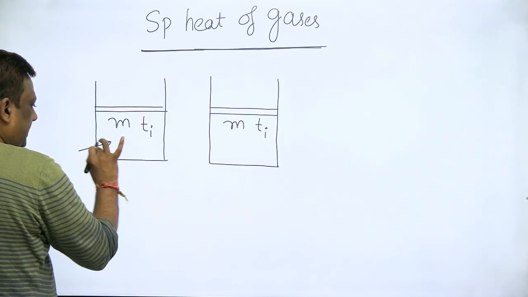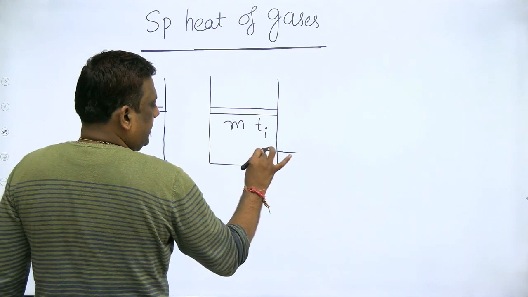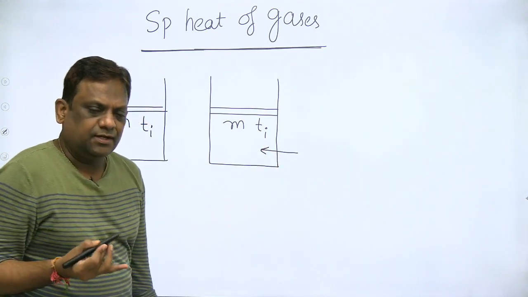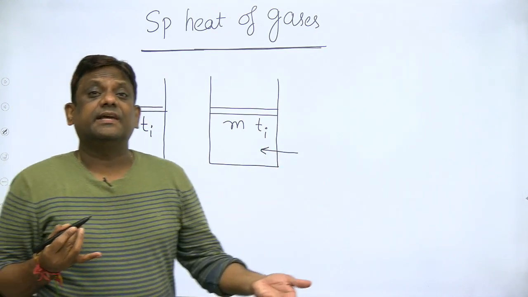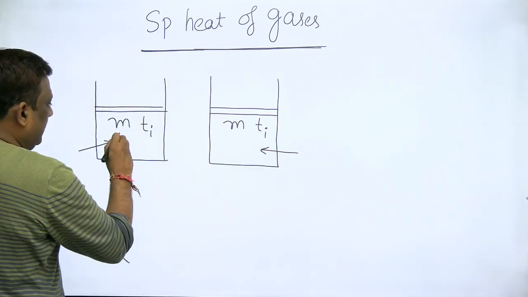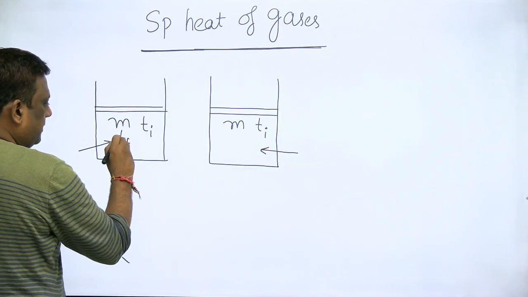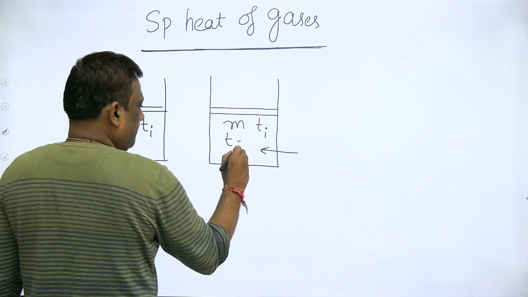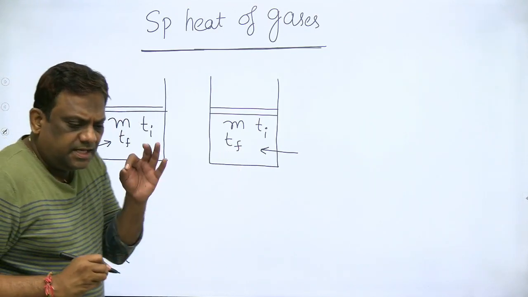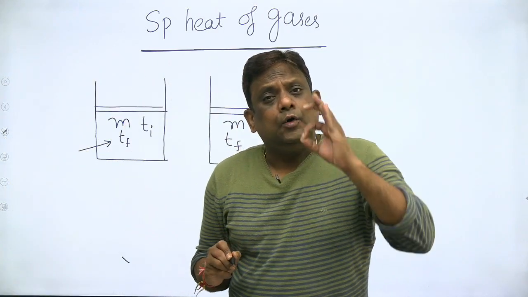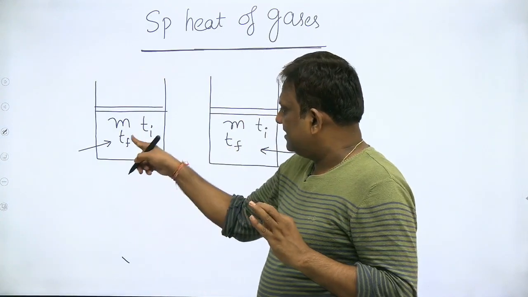Let us supply heat. When you are supplying heat, what will happen? The temperature increases. Let the final temperature be Tf. Till now, you have not found any difference between this and this.